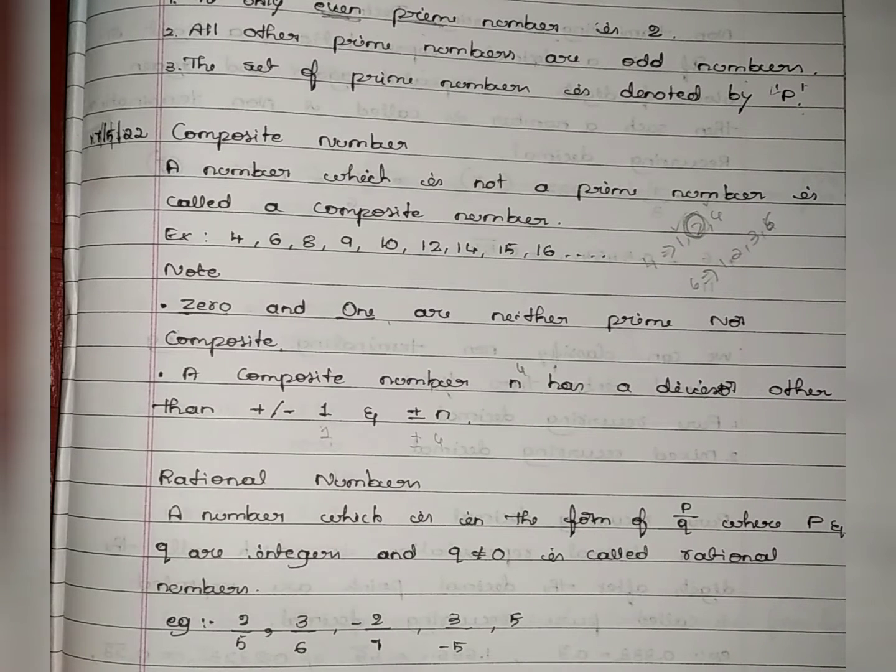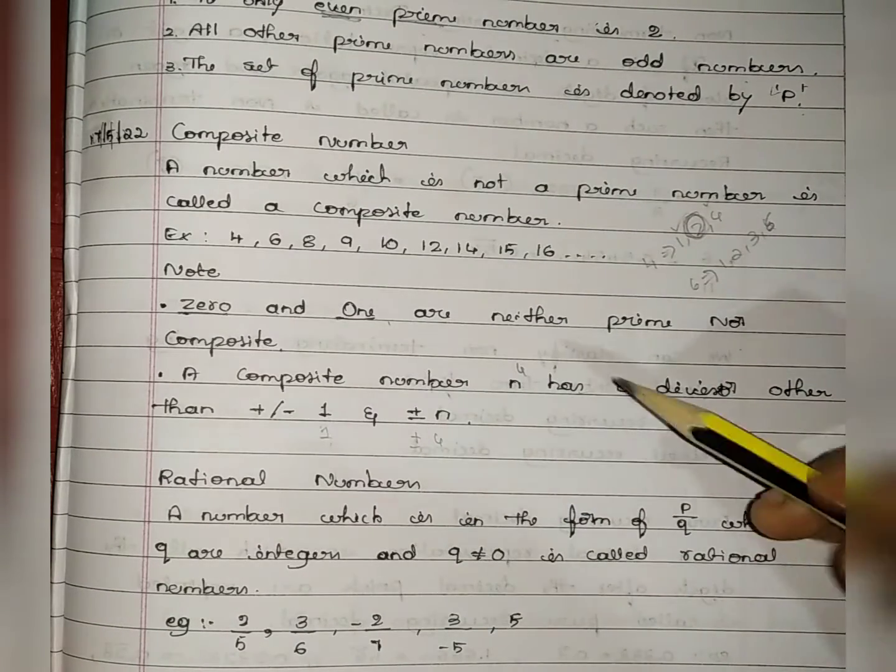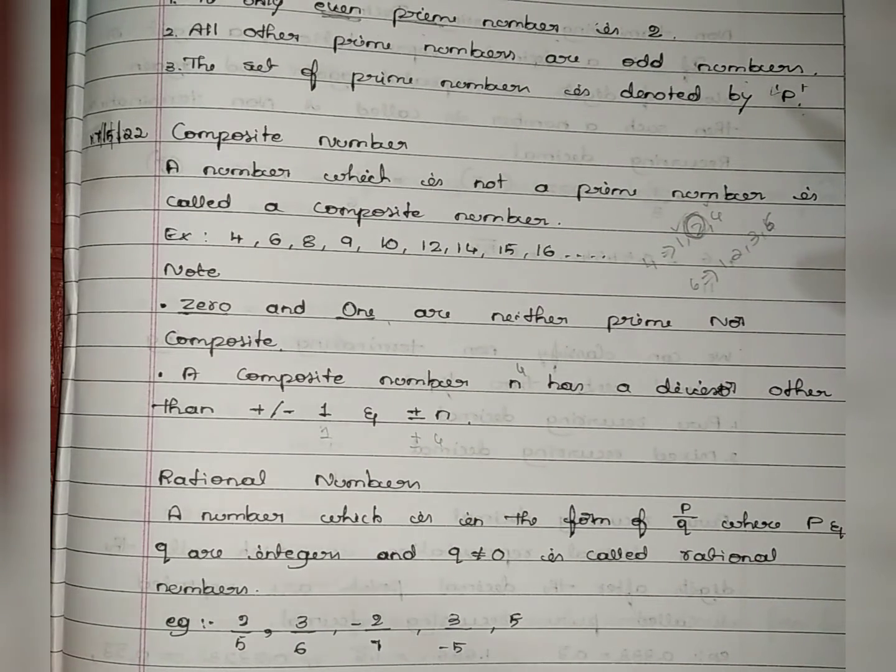So it is not like a prime number, because a prime number has only two divisors, 1 and itself. In a composite number, there are more than two divisors.